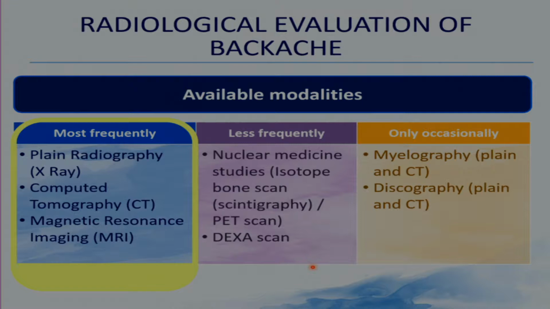Most frequently, we use X-ray, CT, and MRI. Less frequently, we use nuclear medical imaging, that is isotope bone scanning, PET scanning, and maybe DEXA scan. And myelography and discography are only occasionally used.